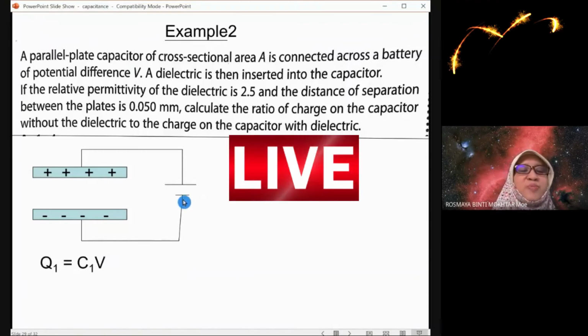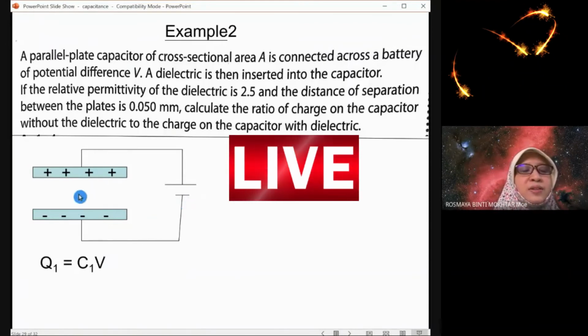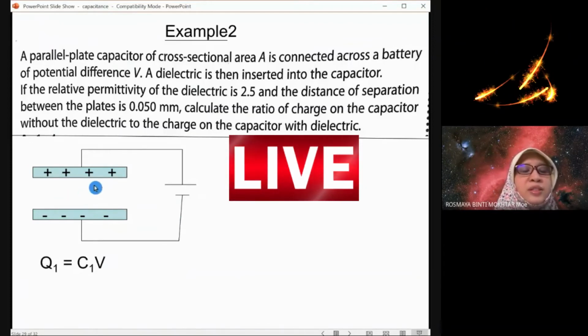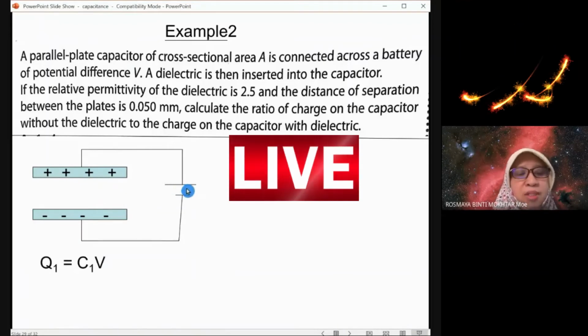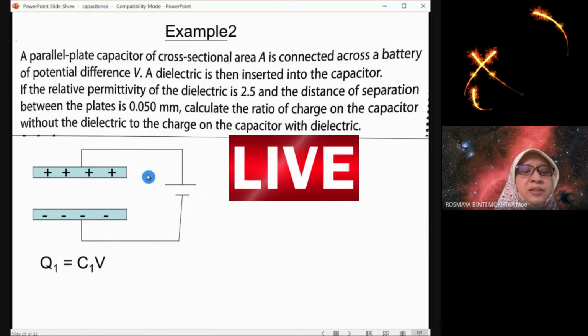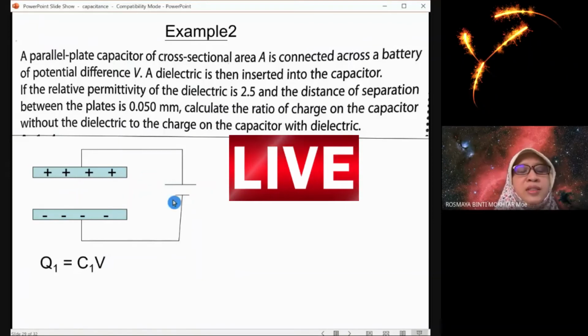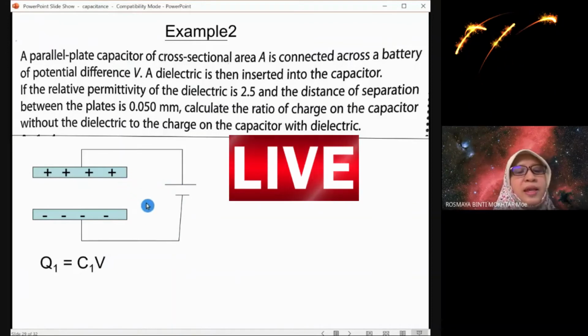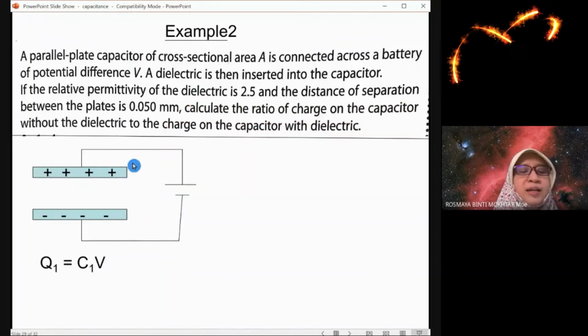When the capacitor is fully charged, the voltage across the capacitor is equal to the voltage across the battery. I repeat, the voltage across the capacitor is equal to the voltage across the battery. Then the current stops flowing.